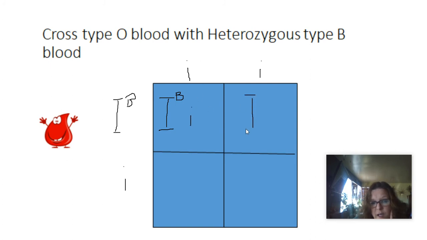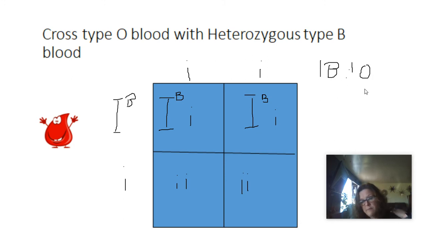And the same thing's going to happen here. And here we're going to get the two recessives and end up with type O blood. And that's going to happen here as well. So here we've got a 50-50 or a 1-to-1 ratio, depending on how you want to say that. So you could either have type B blood or type O blood.